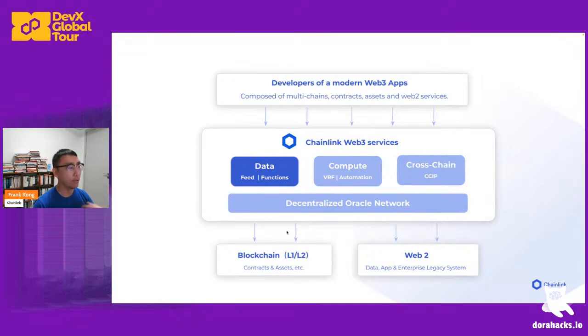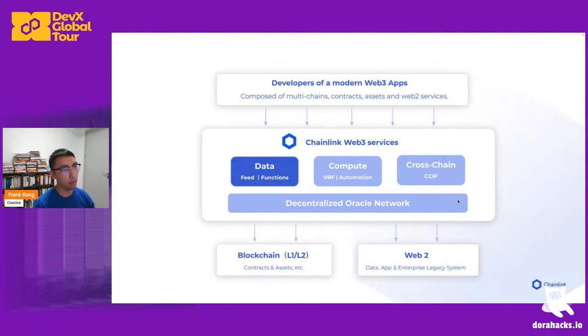So in Chainlink Labs, we maintain and develop the software for the decentralized Oracle network, and we have a lot of different node operators to operate our Oracle nodes. And based on this decentralized Oracle network, we provide some Web3 services like data service, computing service, and cross-chain service.